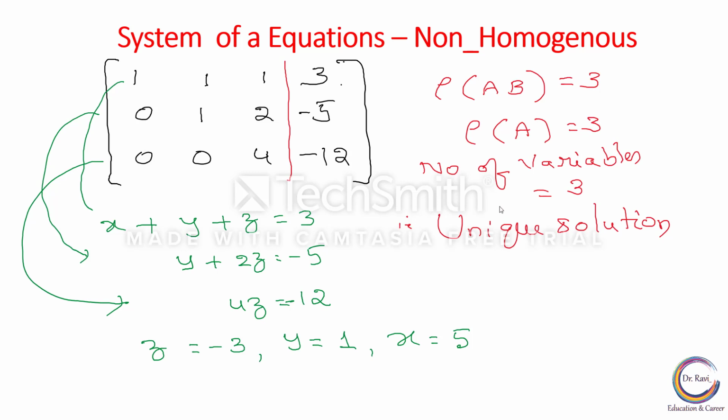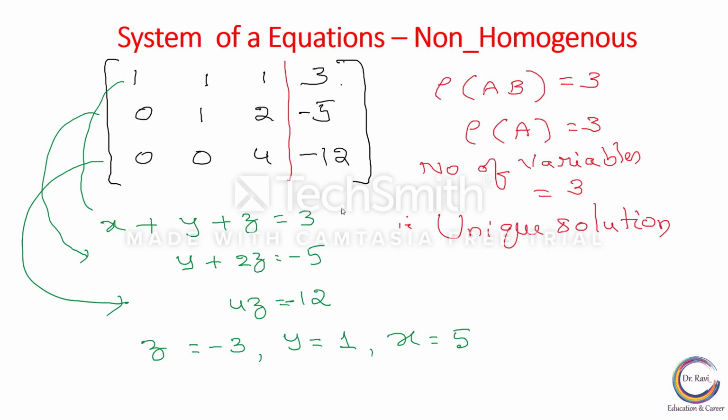Suppose we want to find the solution, it's very simple here. We rewrite the matrix we had in echelon form as equations: x plus y plus z equal to 3, y plus 2z equal to minus 5, 4z equal to minus 12, because we need to multiply A by the x matrix.